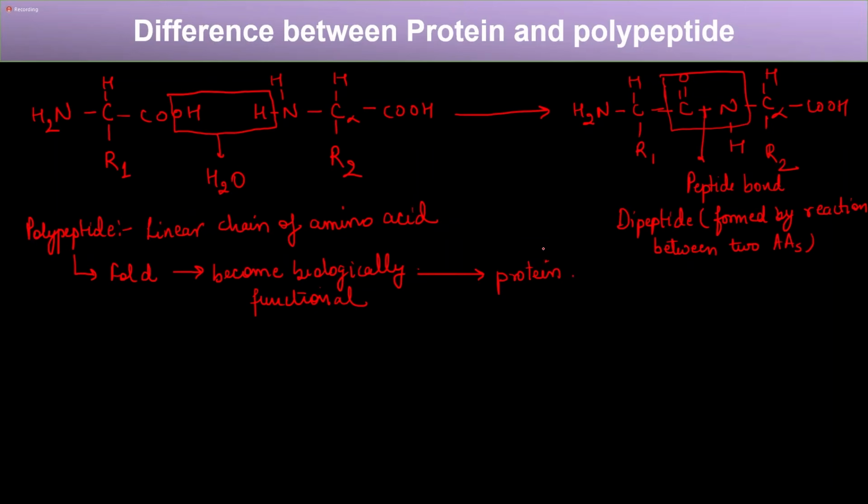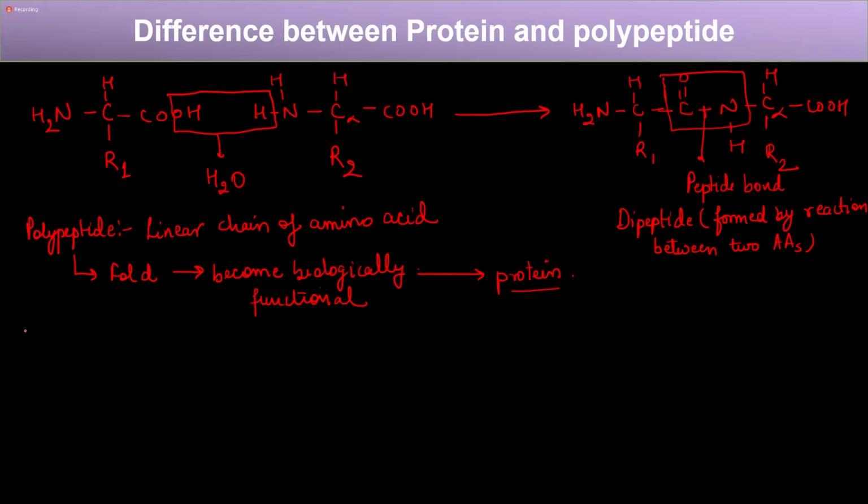So this is the difference between protein and polypeptide. A polypeptide is a linear chain of amino acids, while a protein is formed when a polypeptide chain folds and becomes functionally or biologically functional. So this is the difference between polypeptide and protein.